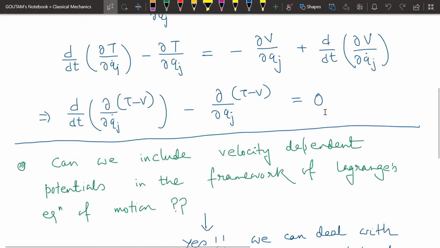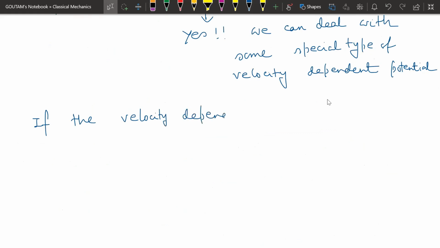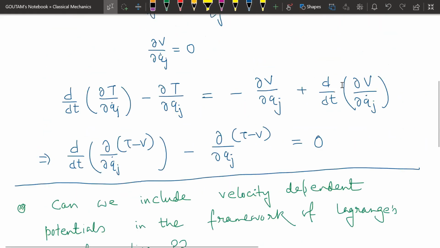Let's call the velocity dependent potential U, which depends on q and q̇, not explicitly on time. So we are only talking about velocity dependent potentials.